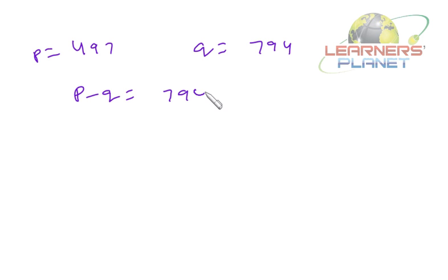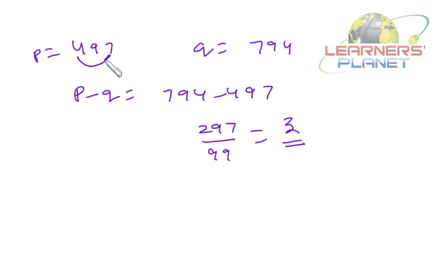It's 794 minus 497, which is 297. If I divide 297 by 99, I get 3. That is the difference between the extreme digits. Friends, we'll be using the same concept while dealing with the problem which we have yet to discuss.